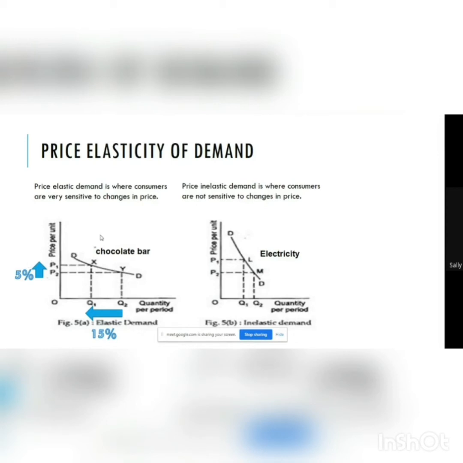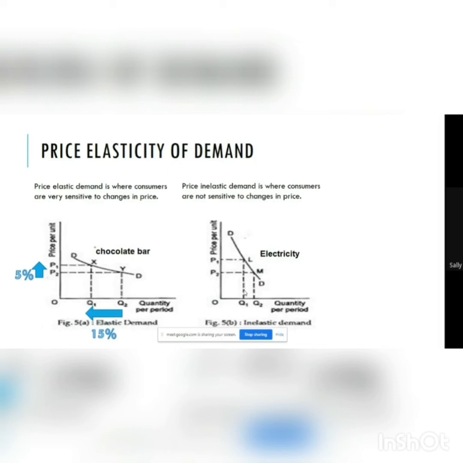Now take another product, for example electricity in Malaysia. TNB is the only monopoly company that provides electricity for all of us. It doesn't have any alternative products.